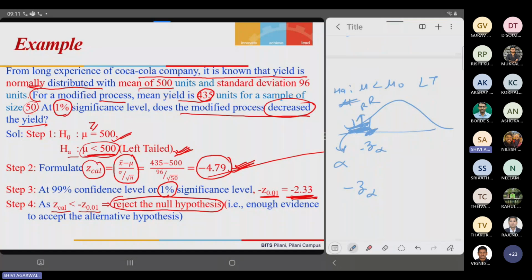So we are saying here that by using the modified process, the mean of the yield is decreased. We are accepting this. Correct, Mr. Randir, these are the 5 steps only. So it's very simple actually.